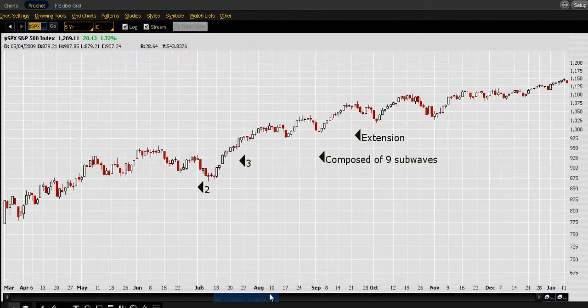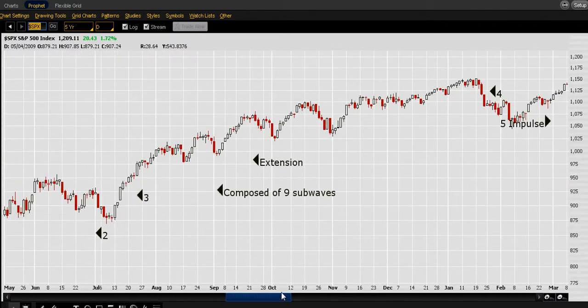Wave 3 starts. Wave 3 is also extended, composed of 9 subwaves. Wave 3 is usually the wave that is extended in an Elliott wave cycle. 1, up, 2, 3. 3 upswings where we have composed 9 subwaves. This is our third. The third one ends finally right here.